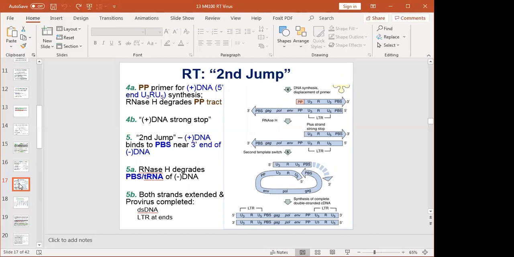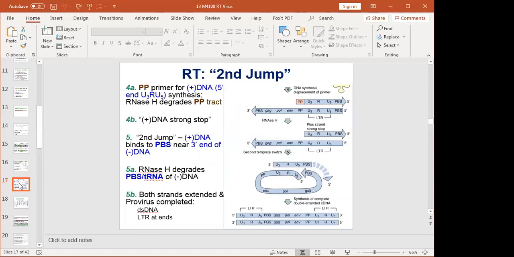What do we need to synthesize? On the 5' end, we need to synthesize PBS, U5, R, U3. Once we make a copy of that, the positive strand stops. Then the second jump happens, where the positive DNA strand will jump to the other side, to the 3' end, and bind to PBS, the primer binding site.